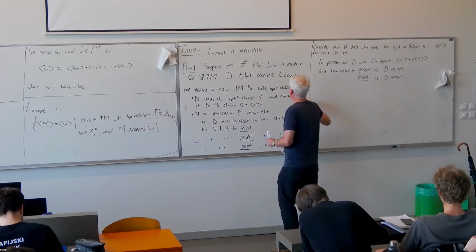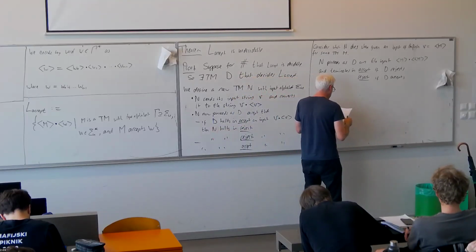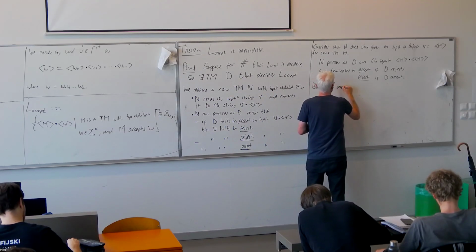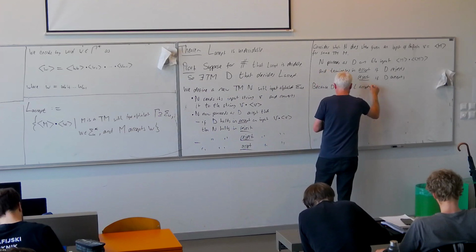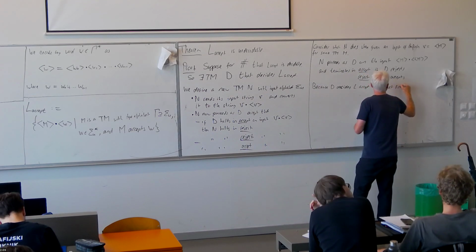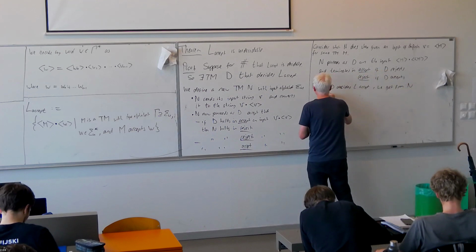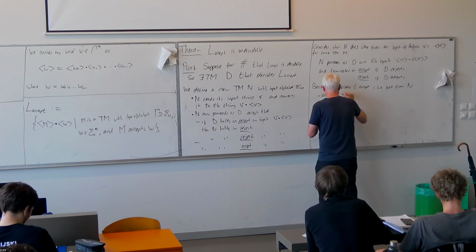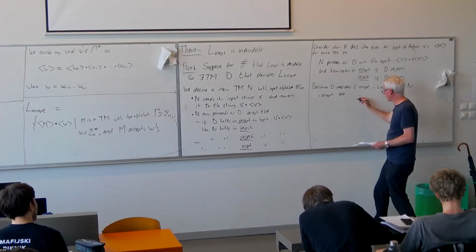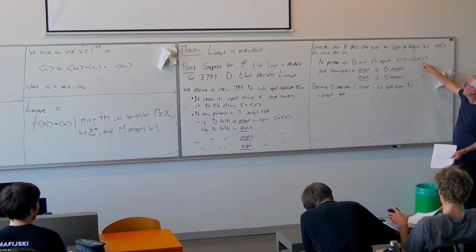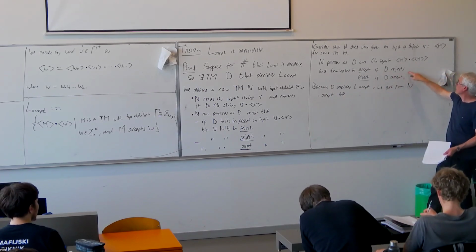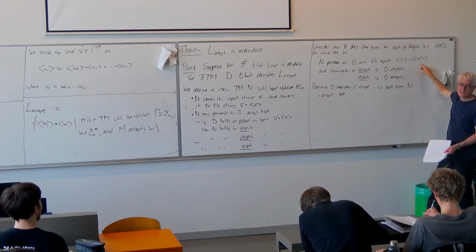Because D decides L accept, we get from N the result state accept if and only if D rejects, which means if and only if the input to D is not in L accept.